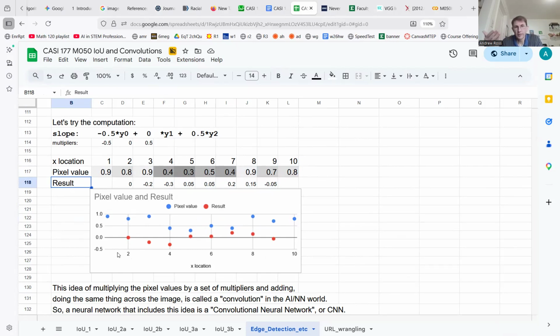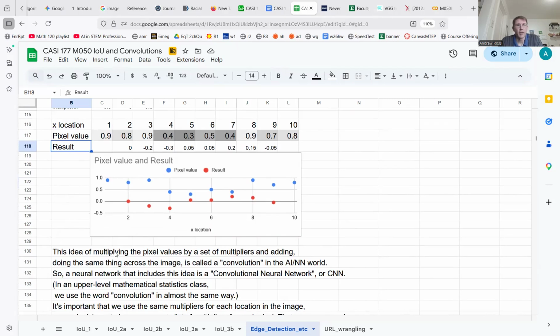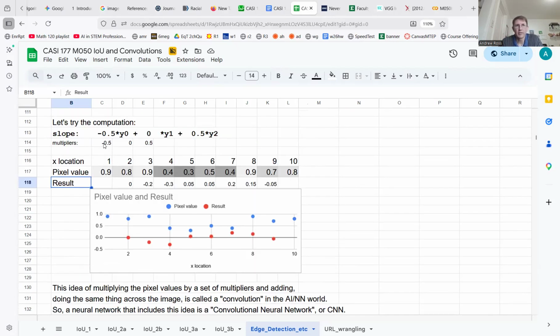So a neural network that includes this idea is called a convolutional neural network, or a CNN. In an upper level math and mathematical statistics class, we use the word convolution, and it's almost exactly the same thing. There's one little twist, but don't worry about it. It's important here that we're using the same multipliers, in this case, negative 0.5, 0.5, everywhere across this image or this cross section of the image. So I'm not having to store a different set of multipliers for each pixel, for example. That would take a lot of memory.